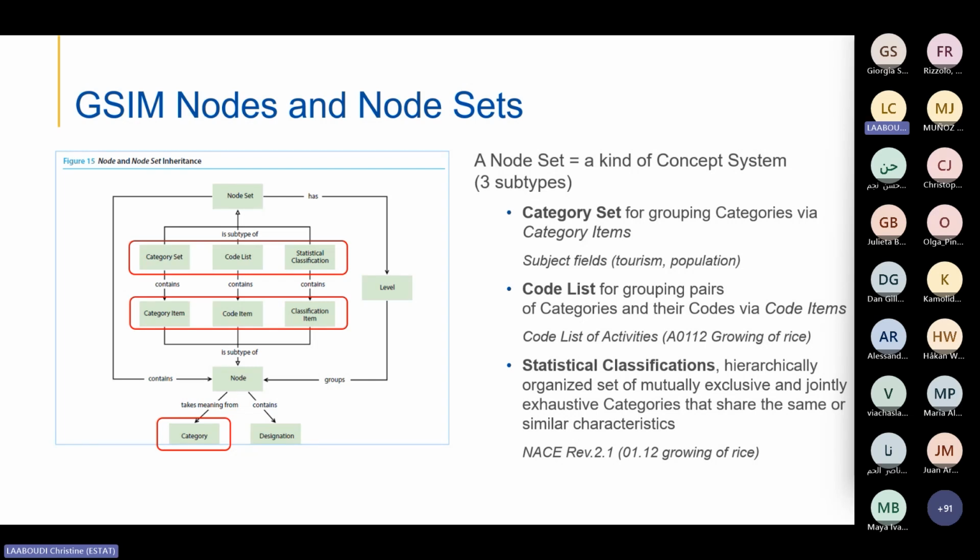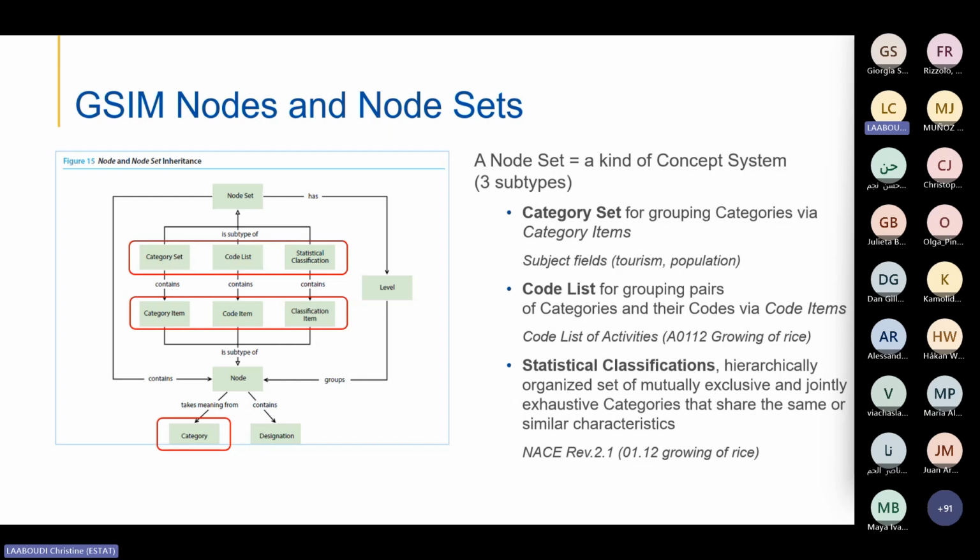So the code list for the code list of activities that include the code A0112, or a statistical classification similar to a code list, but with classification items that combine the meaning of the category with a code representation.